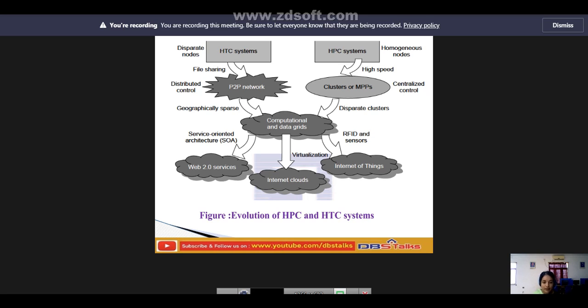This is the explanation of the diagram. In this diagram we are using different technologies like service oriented architecture, virtualization, RFID and sensors. Here we have Web 2.0 services, internet clouds and the internet of things. So this is the evolution of HPC and HTC systems.